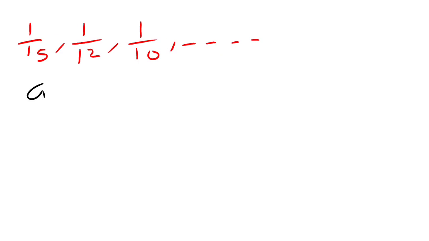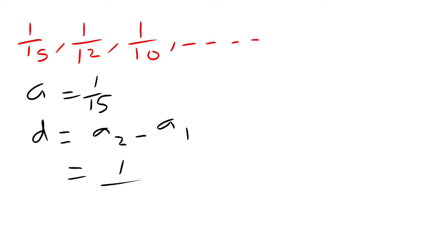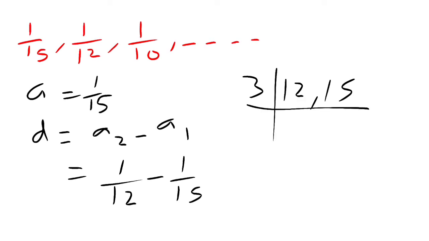Next, fourth question: 1 by 15, 1 by 12, 1 by 10. So a value is 1 by 15 and d value is a2 minus a1, 1 by 12 minus 1 by 15. Let's find the LCM of 12 comma 15. Both come in the 3 table, 3 fours are, 3 fives are.